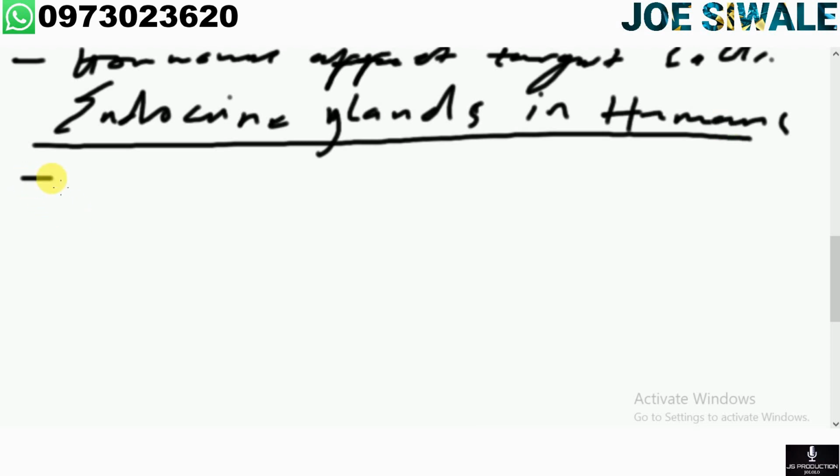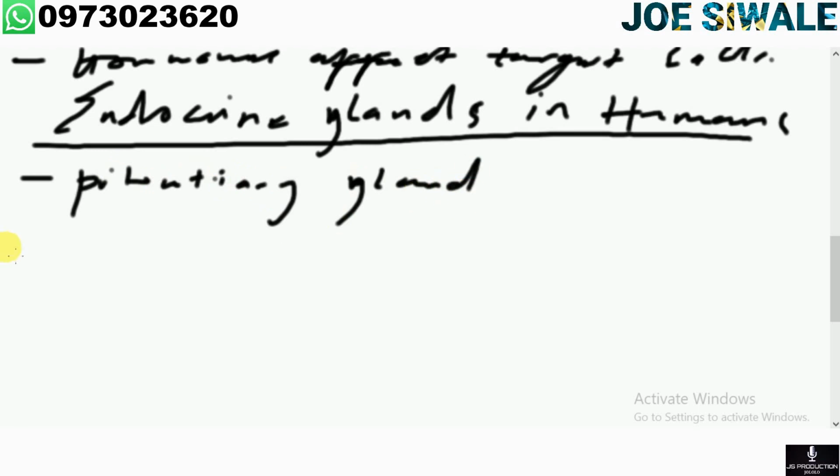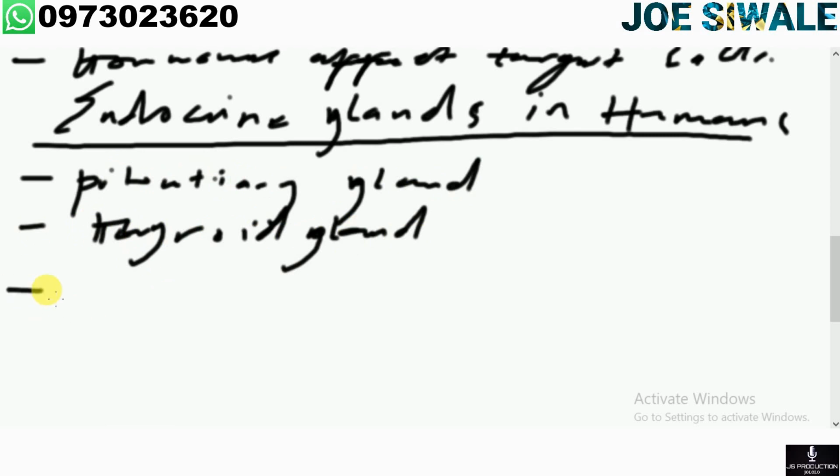So the main endocrine glands, I have said, we have the pituitary gland, then we have the thyroid gland, we have the adrenal gland.